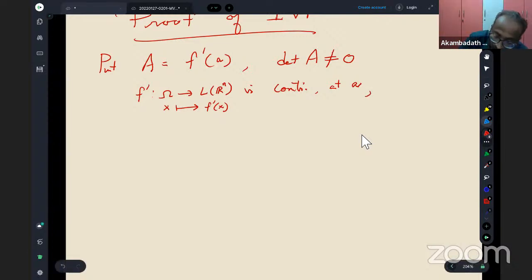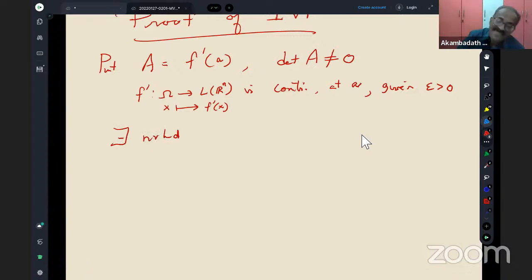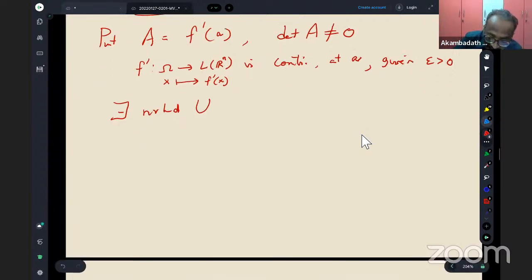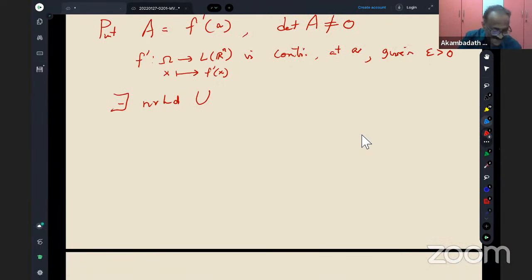So given epsilon, we may choose these things again later, smaller. Given epsilon, there exists a neighborhood. Later, we may shrink it if necessary. You can think of the neighborhood as a ball of radius r, if you want some convexity and other things. I'm not specifying such things in so much detail here.